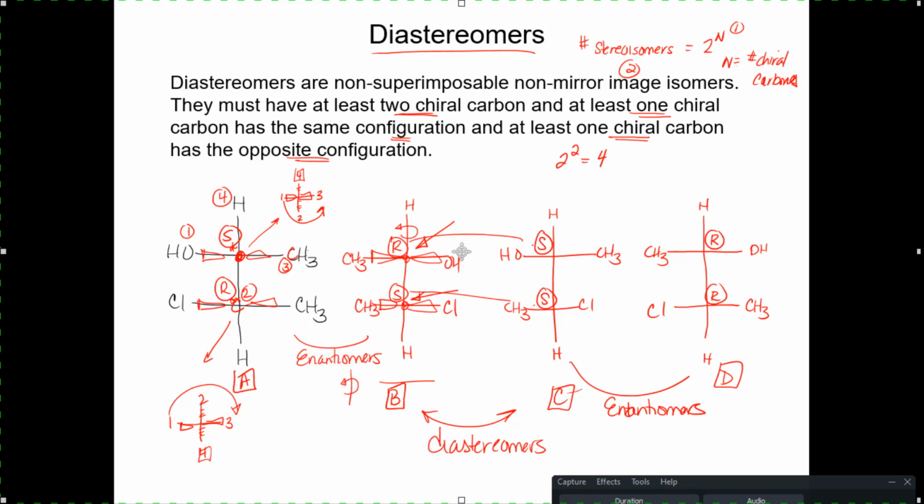And so basically, how did I get this number 4? Well, each one of the chiral centers has the possibility of being R and S. So if I have 2 chiral centers that each could be R and S, I could have RS, or SR, or RR, or SS. That gives me my 4 combinations, and that leads to 4 different stereoisomers.